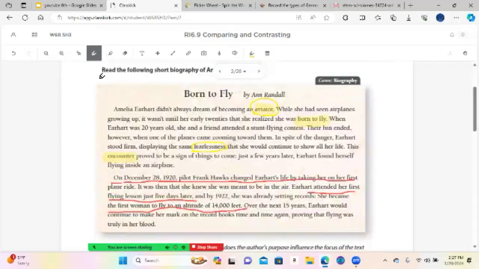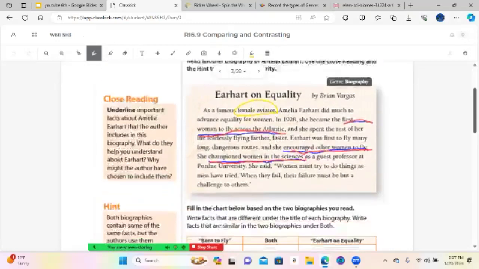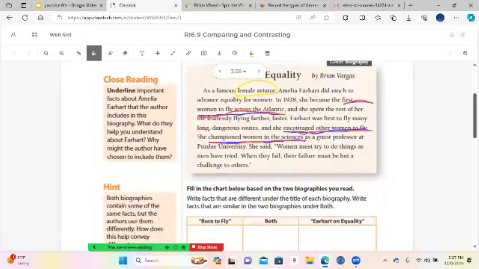I think this was mentioned in the previous one as well. Yes, right here it says she spent the rest of her life fearlessly flying. I know it made mention of that.